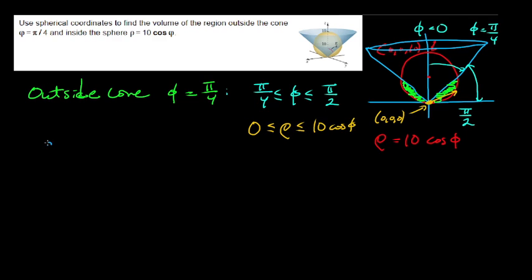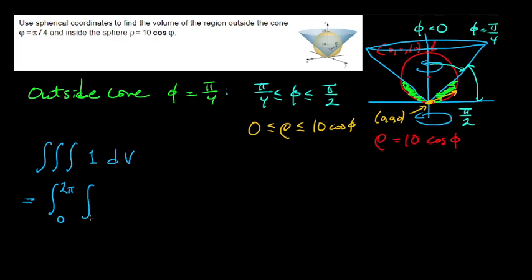So we want the volume, so we'll think of it as a triple integral of 1 dV. Since we're going to use spherical coordinates, this is completely symmetric around the z-axis, so theta just goes from 0 to 2 pi, since we're going all the way around the z-axis.